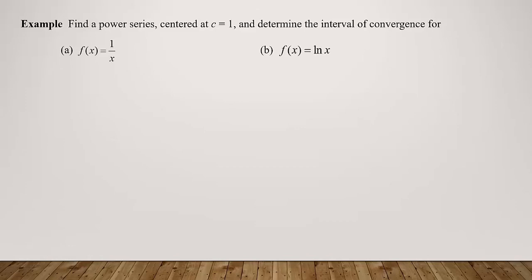Just foreshadowing what's going to happen here: look at the function in A and the function in B. Once we know a power series for 1 over x, to get the power series for natural log x, it looks like a little integration will come into play, because we know the antiderivative of 1 over x is ln x. But let's head off to the chalkboard and see how this works out.